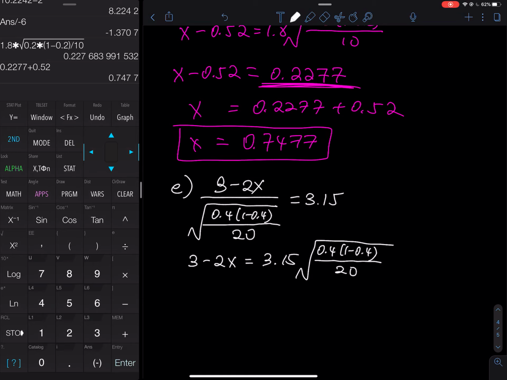So we have 3.15 times square root 0.4 times 1 minus 0.4 divided by 20.